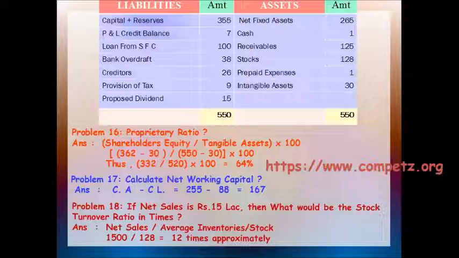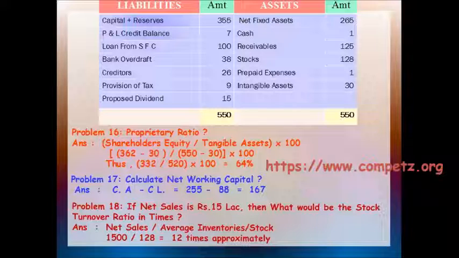The answer will be the same. Just apply the concept. Inventory turnover ratio is net sales divided by average inventory at cost, or net sales divided by average inventory at selling price, or net sales divided by average inventory.